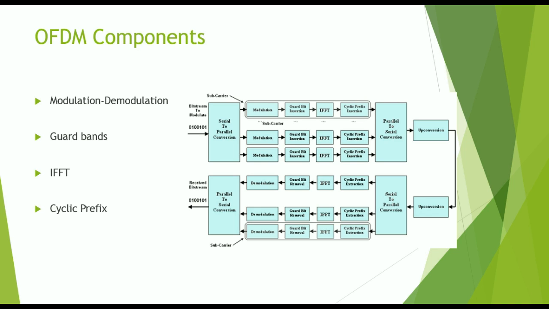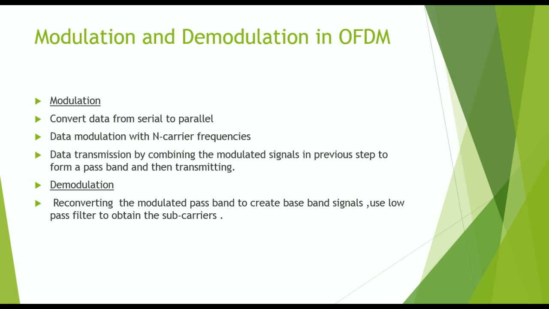So, what are the components that make an OFDM system? The main components are the modulation demodulation unit in itself, guard bands, IFFT, that is inverse fast Fourier transform blocks, and cyclic prefix.